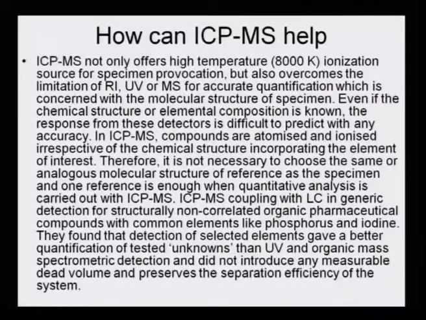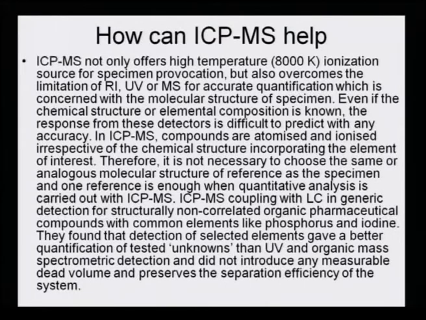The ICP-MS coupling with LC is generic detection for structurally non-correlated organic pharmaceutical compounds with common elements like phosphorus and iodine. They found that detection of selected elements gave a better quantification of tested unknowns than UV or organic mass spectrometric detection, and did not introduce any measurable dead volume and preserves the separation efficiency of the system.